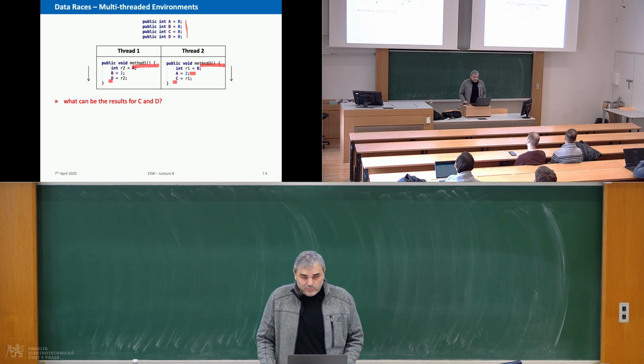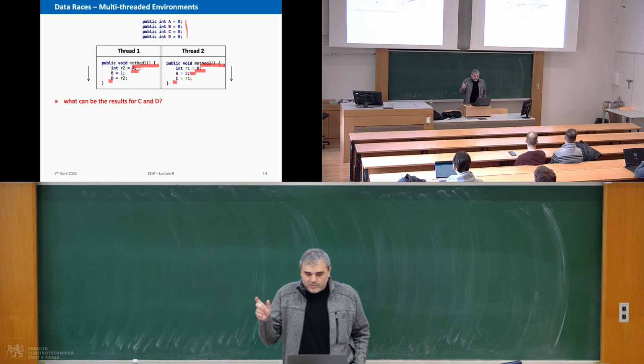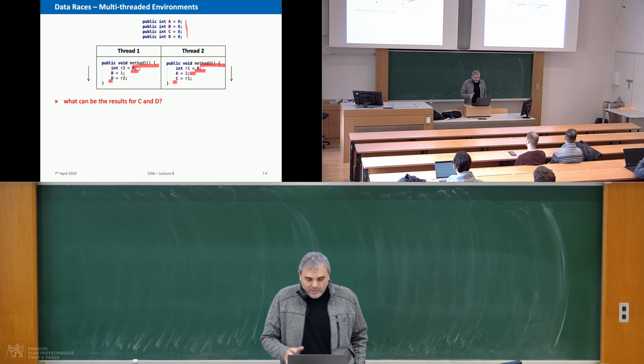Thread 2 executes slightly later, so then reads the already modified B, 1. So that's another combination, 1 and 0. And a similar combination can happen in the reverse order, so there is 0 and 2 at the end. So that's visible from the code directly.